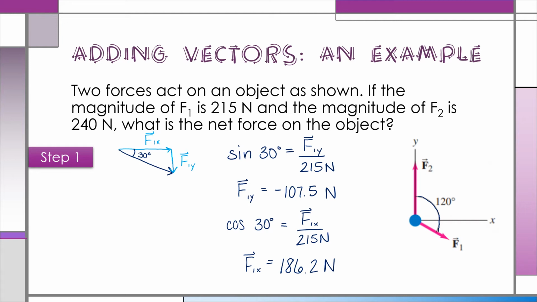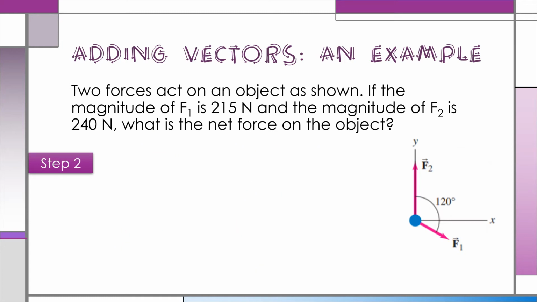Now the nice thing is F2 is pointed directly upward, so finding its components is significantly easier. The x component is 0 since it's pointed directly upward, and that y component is equal to the total magnitude of that vector, which is a positive 240 newtons, positive because it is pointed upward. So that's step 1, finding the components of each vector.